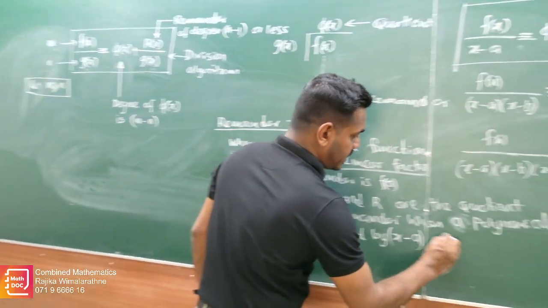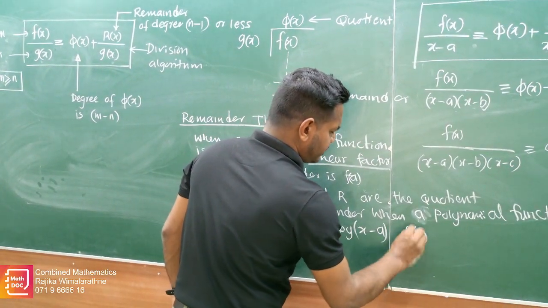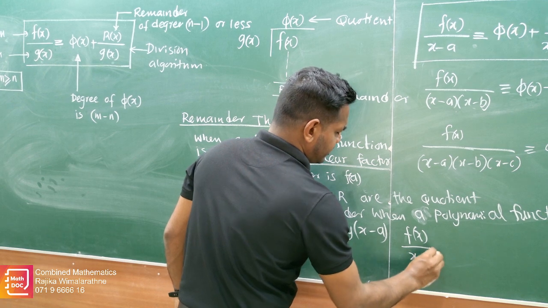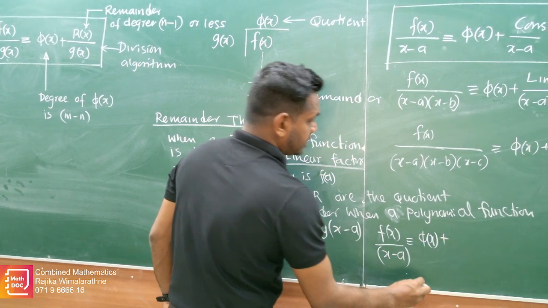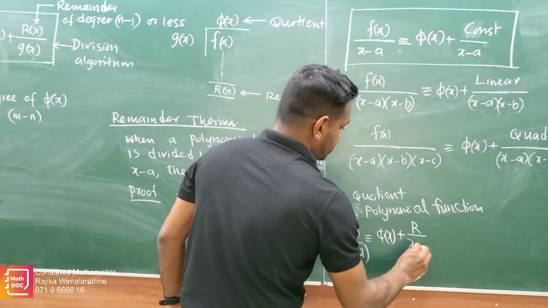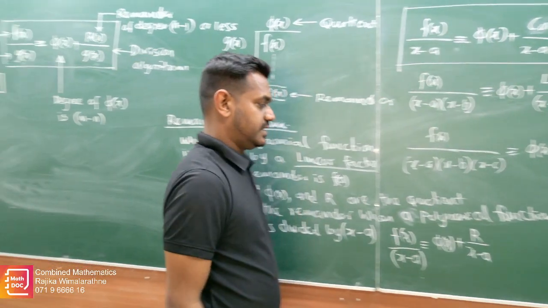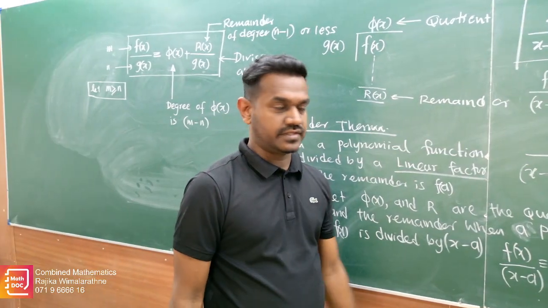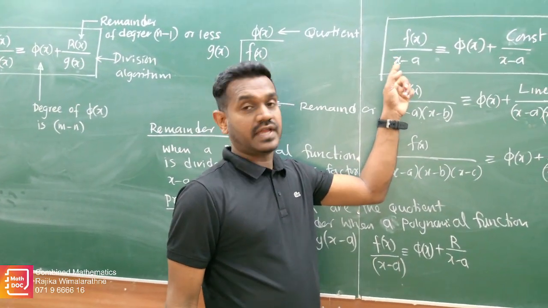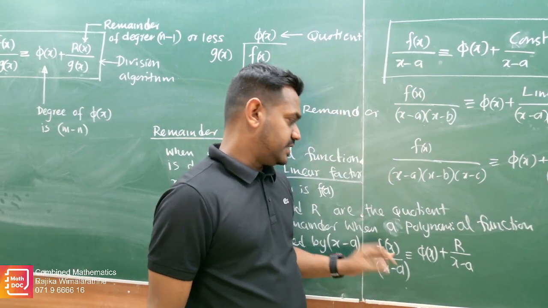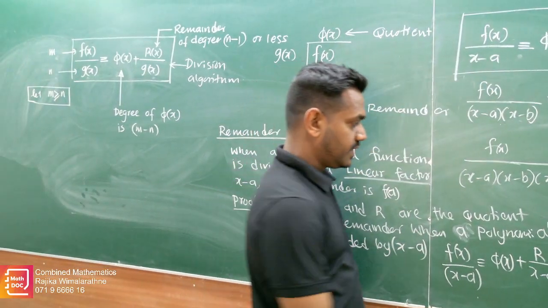Then we write f(x) over x minus a equals φ(x) plus r over x minus a. This is the division algorithm.